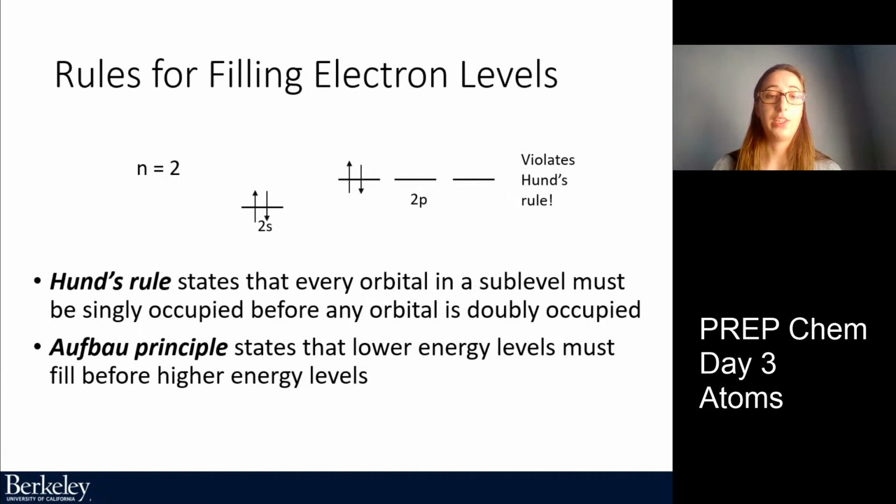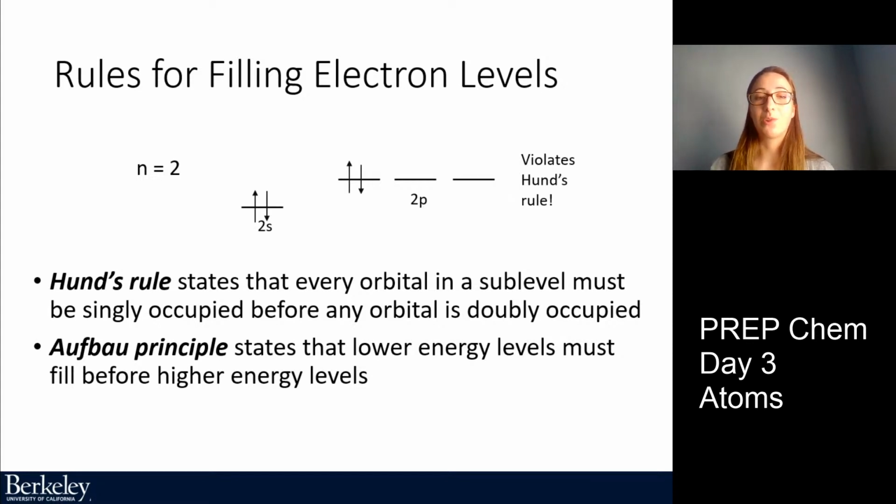So if you had electrons, you would put your first electron into the 2s orbital. You'd put your second electron also into the 2s orbital, because the 2s orbital is the lowest in energy. And then if you had a third electron, you would put that electron into the 2p orbital. Then if you had a fourth and fifth electron, you would also put those electrons into the 2p orbitals.